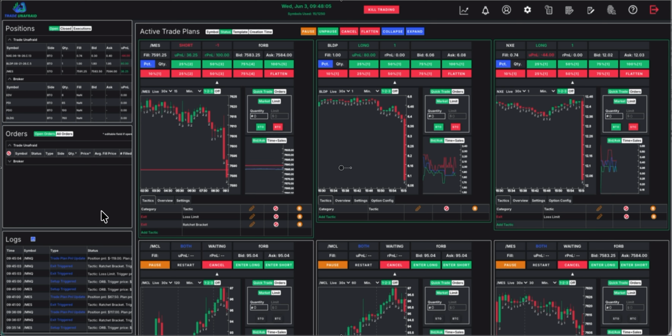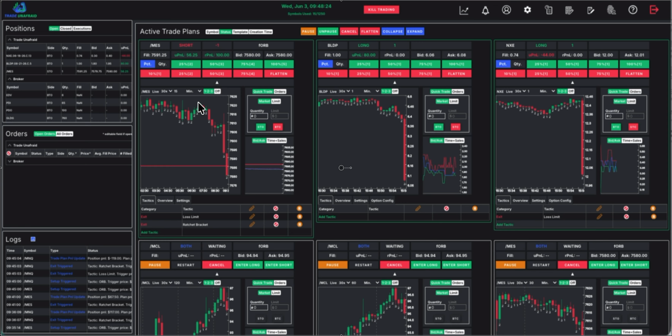And again, all you're seeing is automation. Now, there are manual controls. You can hit the green buttons to add to your position. You can hit the red buttons to take partial profits, which, for example, I could have sold one manually and that would have removed one of those ratchet bracket lines.